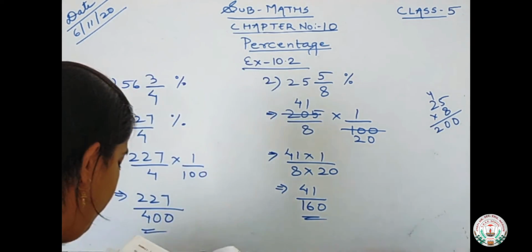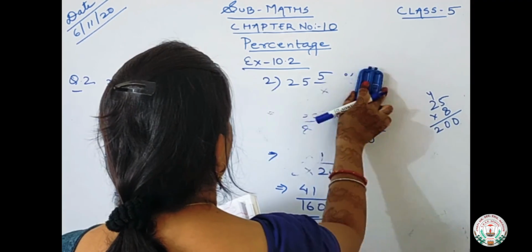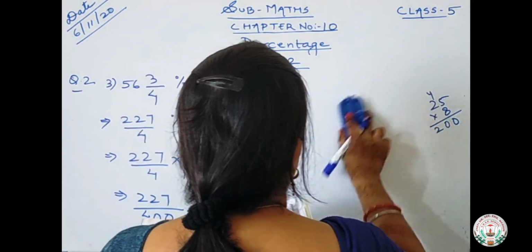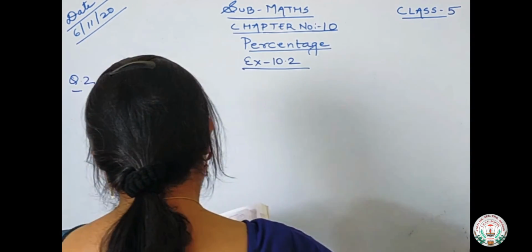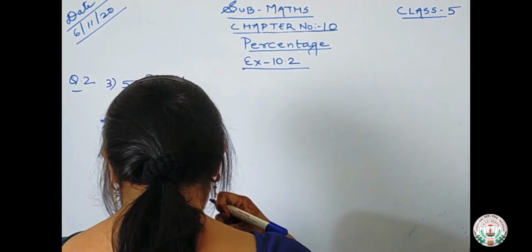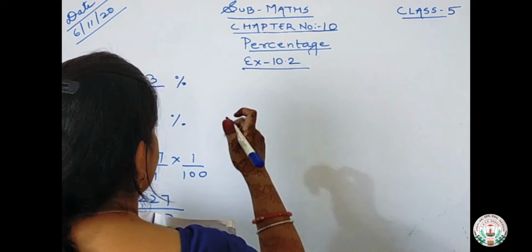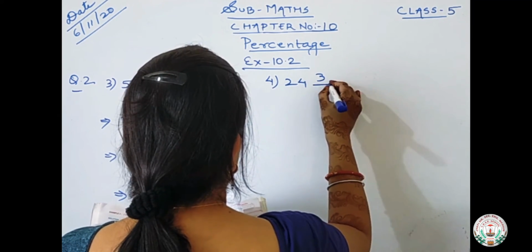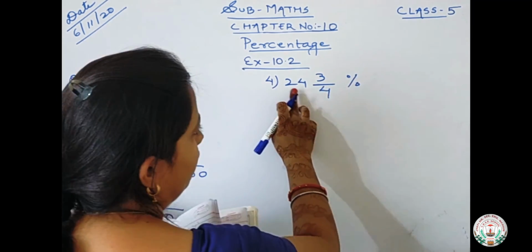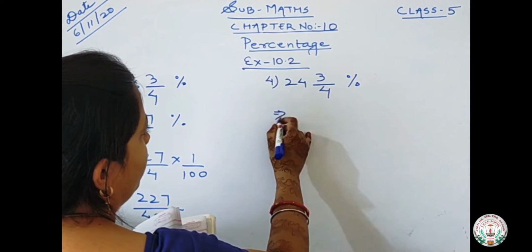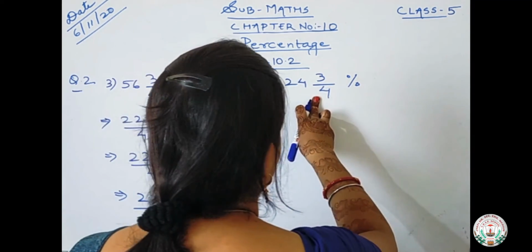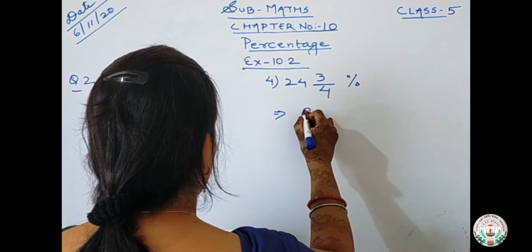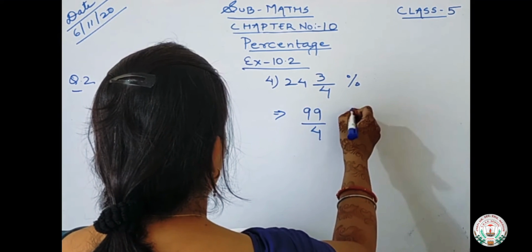Number 4 is 24 3 by 4%. First we will convert the mixed fraction into proper fraction. 24 into 4 will be 96. 96 plus 3 will be 99 upon 4%.